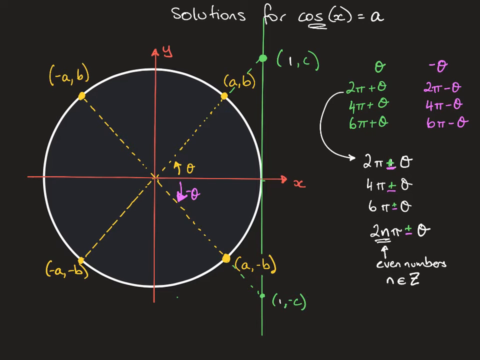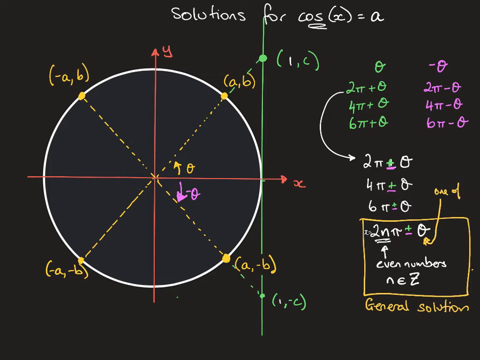And again, we need to specify that our counter is integers, and we've combined our plus and minus theta here to make our general solution for cos. All we need to do is find one of the solutions. It doesn't matter whether it's the positive value of theta or the negative value of theta, because this plus and minus will also counteract whether this is positive or negative.